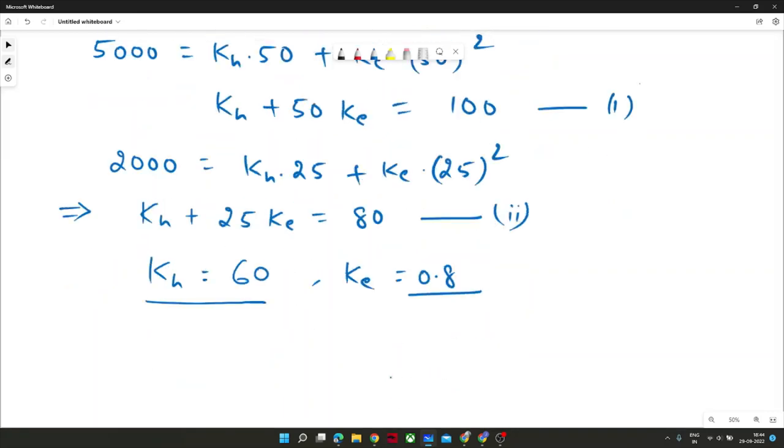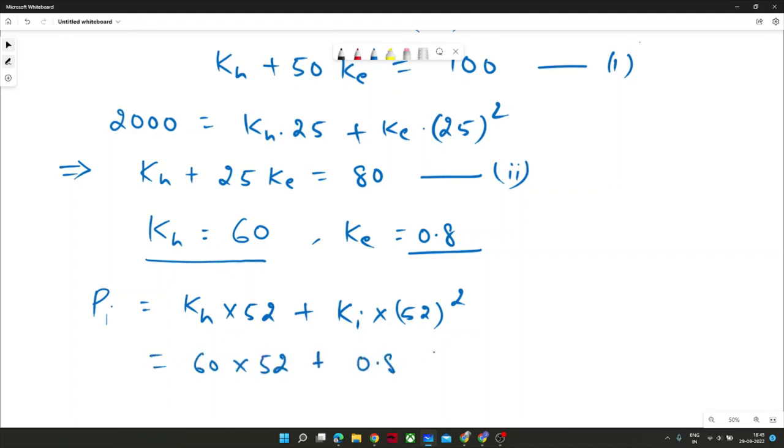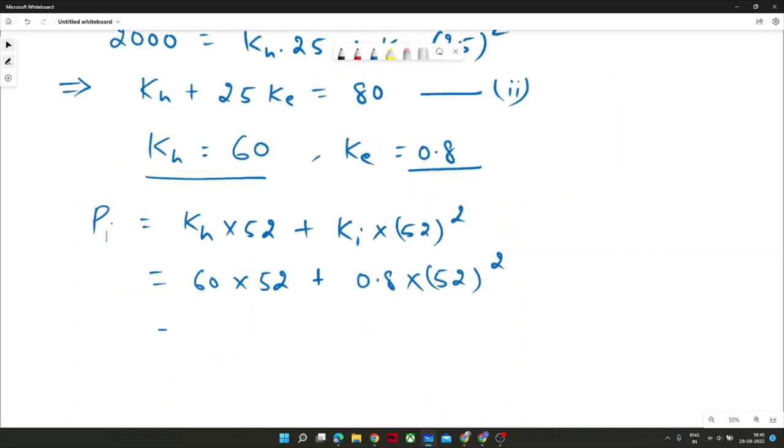Now we have been asked to find out at 416 volt and 52 hertz. So we know KH at 52 hertz of frequency plus KE into 52 square, and I will put 60 at the place of KH and I will put 0.8 at the place of KE, and after solving you will get hysteresis loss component of 3120.